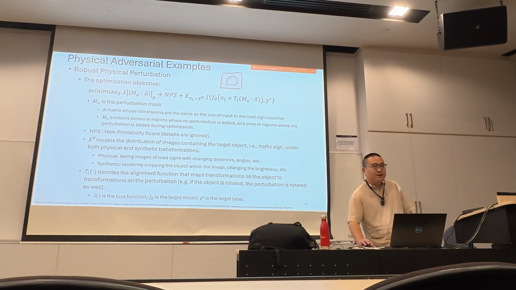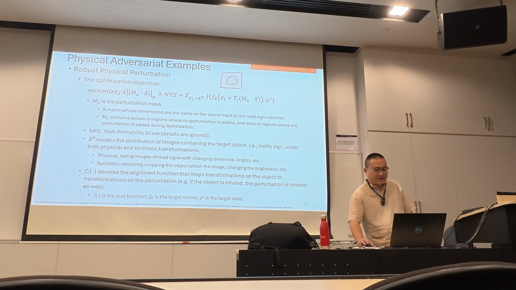So we only minimize the LP norm with respect to the perturbations that can be applied to the traffic sign. At the end, it is actually the same, because after we generate the attacks, we will print out the attack and just cut off the invalid part.